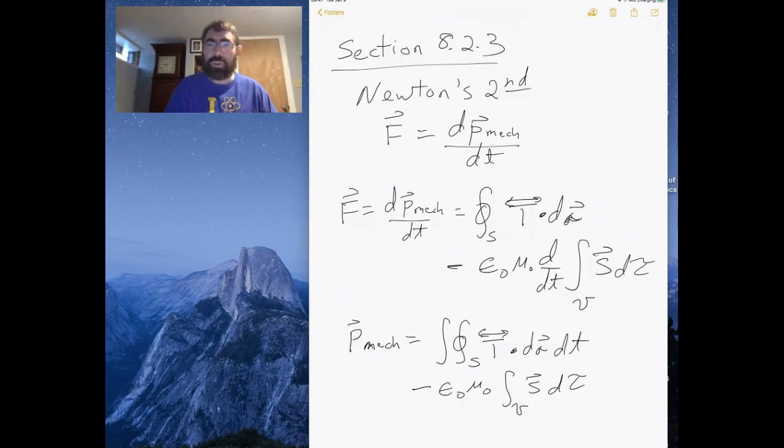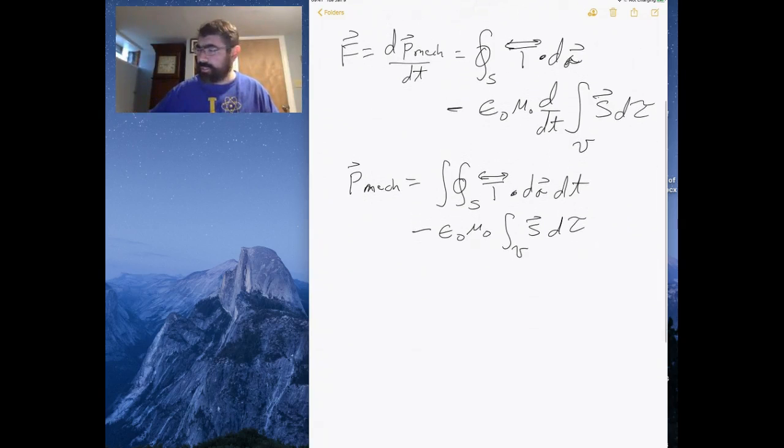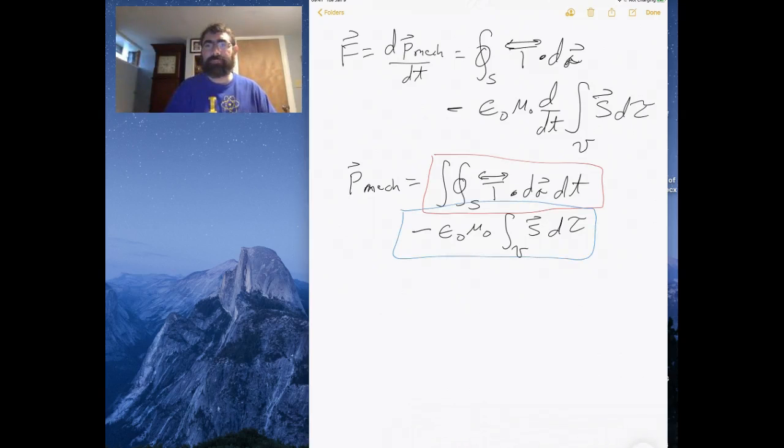So now I've got these two parts. One, if you look at it, is a surface term. So we've got the surface term right here, and we have a volume term right there.